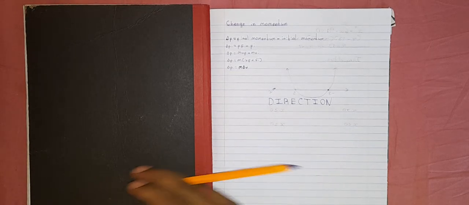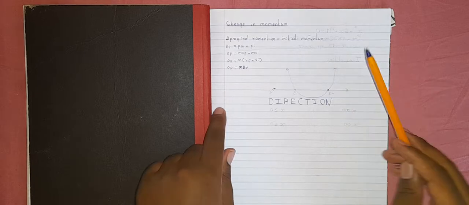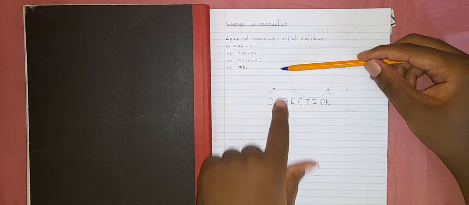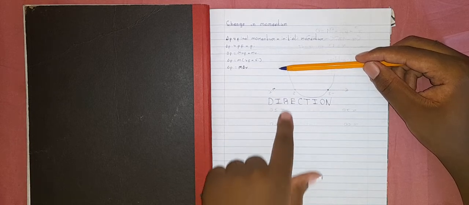When I choose to the right as my positive direction, that means everything going to the left is negative. If I choose going to the left as positive, that means everything going to the right is negative. If I choose going up as positive, that means anything going down is negative.